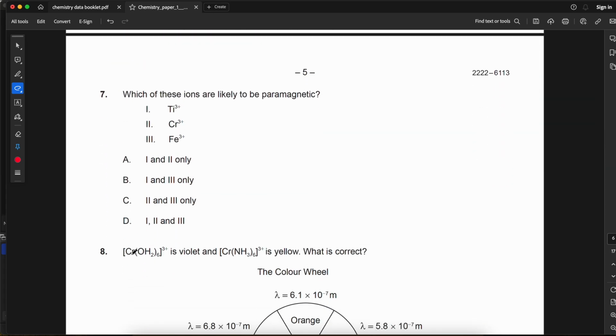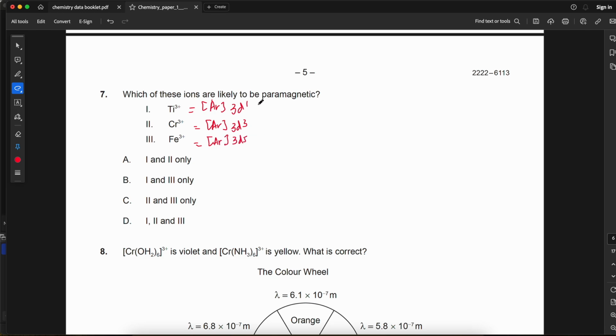Which of these ions are likely to be paramagnetic? Okay, paramagnetic means unpaired electrons. So if we write down the electron configuration, that would be Ar 3d1, that would be Ar 3d3, that would be Ar 3d5.